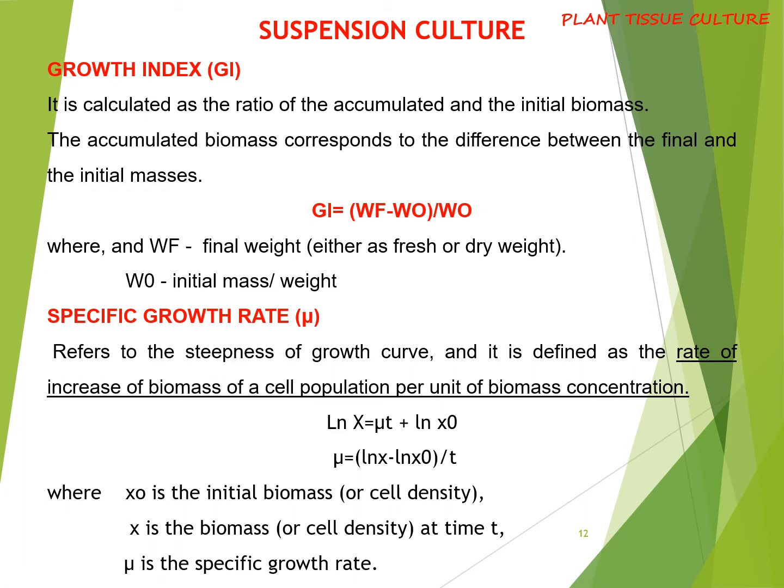The accumulated biomass is the difference between the final and the initial fresh or dry weight of the suspension. The specific growth rate refers to the rate of increase of biomass of a cell population per unit of biomass concentration. We won't be going into detail of this.